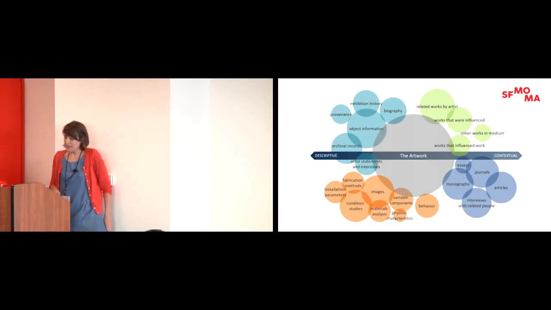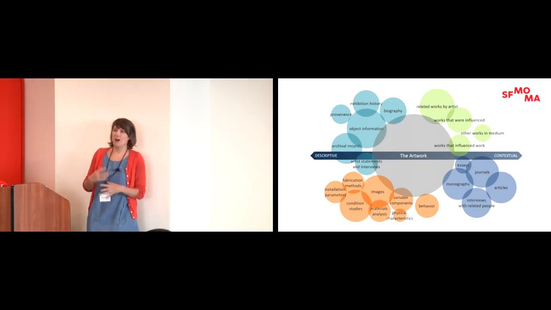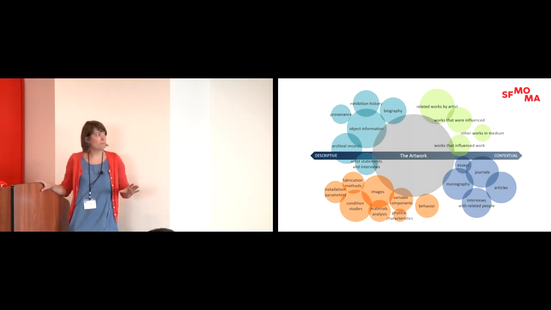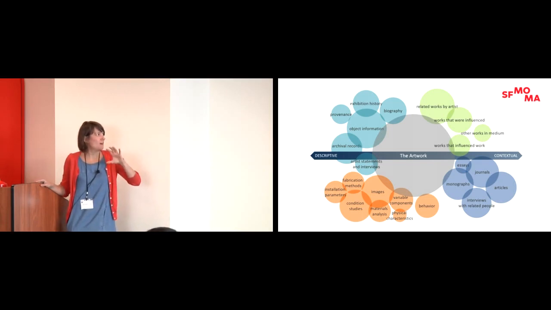So SFMOMA has done a lot of research on that topic of what is the information that we want to capture as a museum, as these caretakers of the works. And this is just a graphic that is trying to capture all of these different blobs of information.